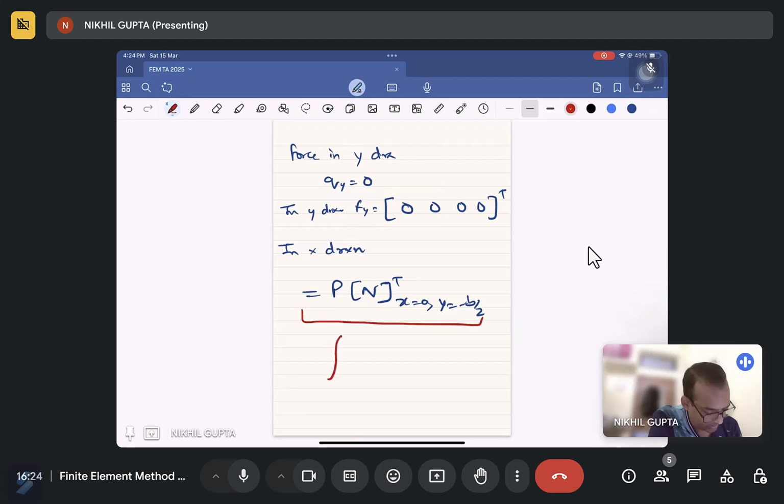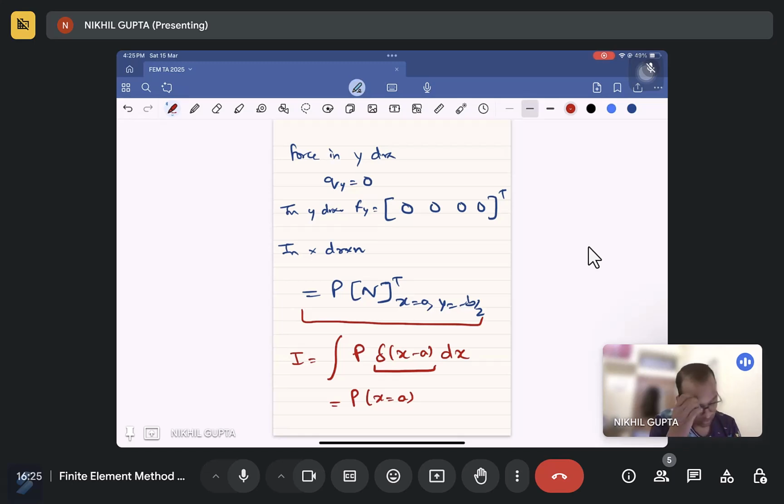When you integrate P delta(x minus a), this is the property of the delta function: when you integrate it, the result will be P at x equal to a. You don't have to solve fully, you just put x equal to a and you will get this value.